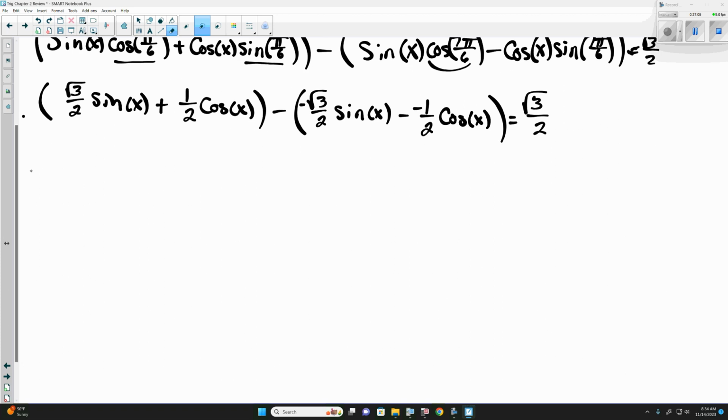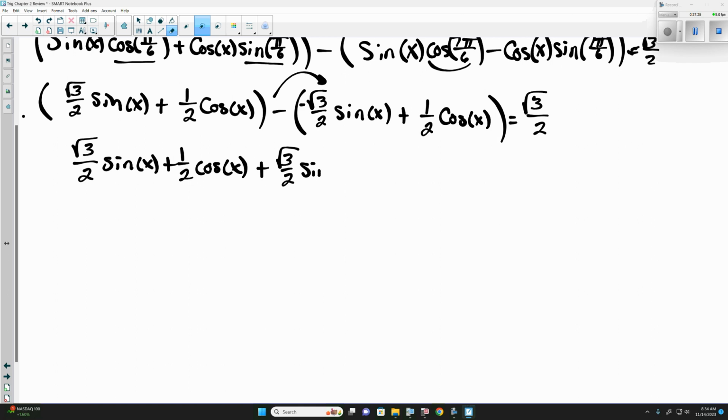Now, two things are going to happen. One, here, the negative and negative make a plus. Then we're going to distribute the negative. So we will have square root 3 over 2 sine of x plus 1/2 cosine of x. Negative negative makes a positive square root 3 over 2 sine of x, but then we have negative 1/2 cosine of x is equal to square root 3 over 2.